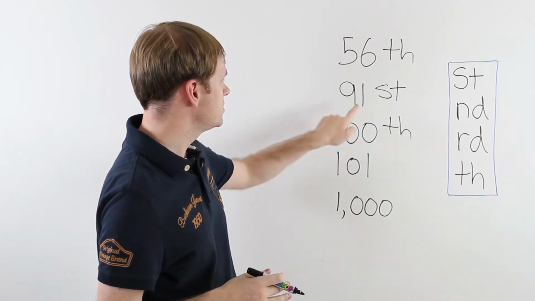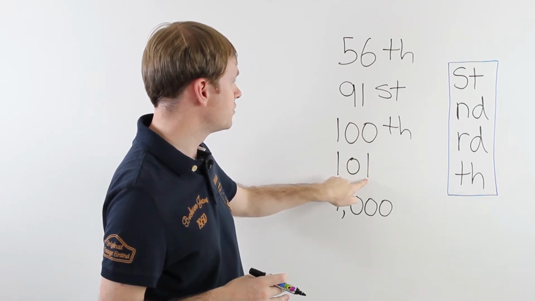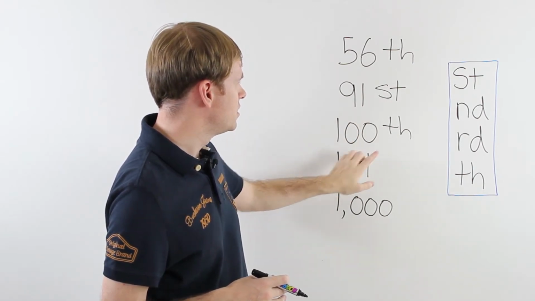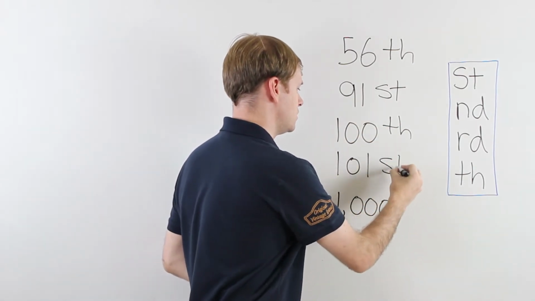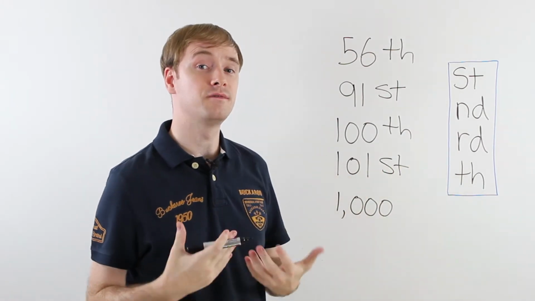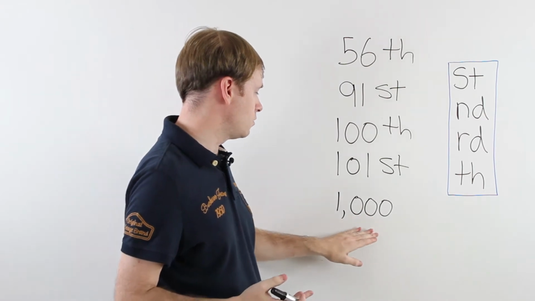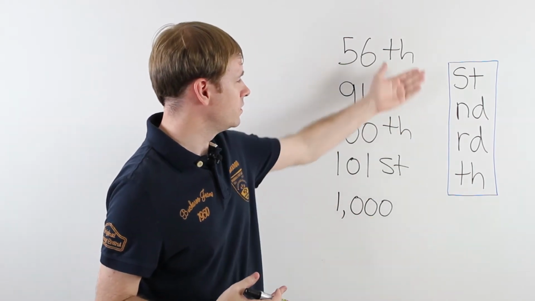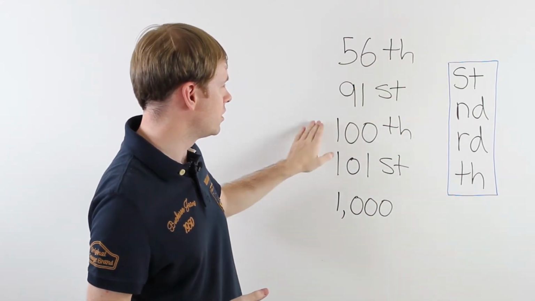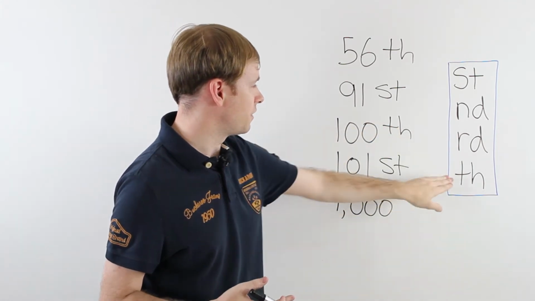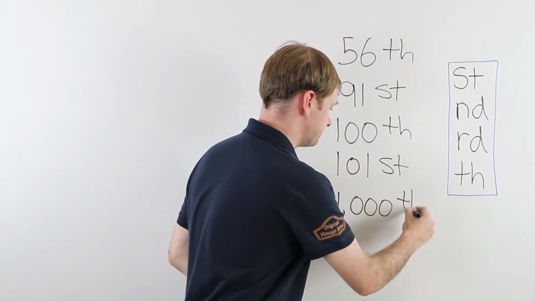Well, this is like 91st. This is first again, first. So it's going to be 101st. All right, and the last one, 1000. We have to choose, well, 100th, 1000th. Okay, it's going to be the same.